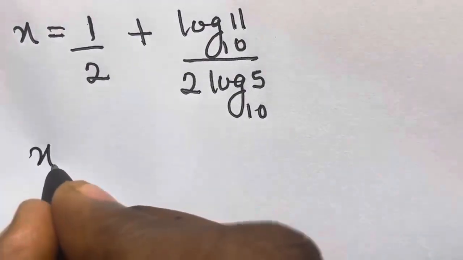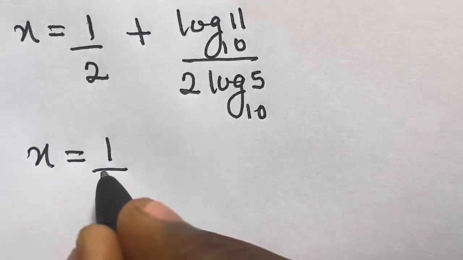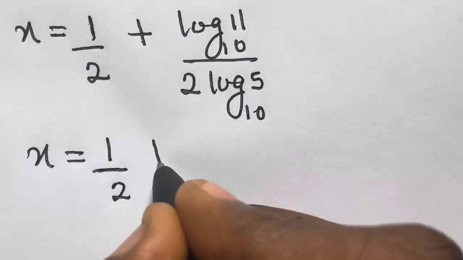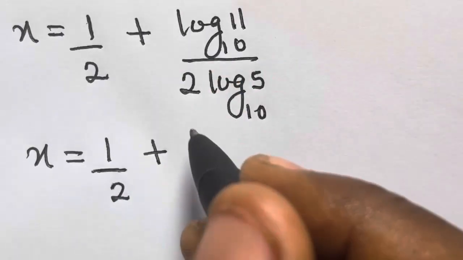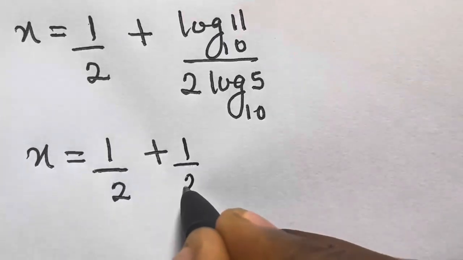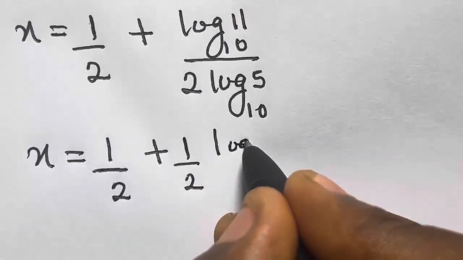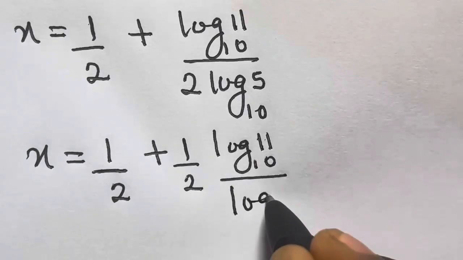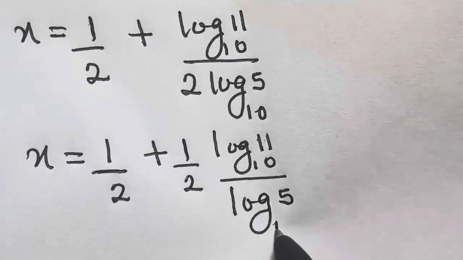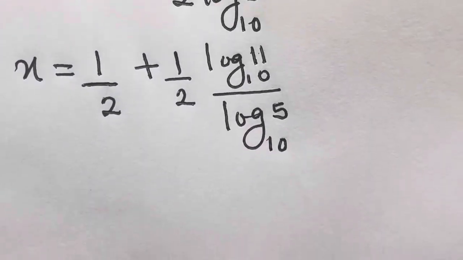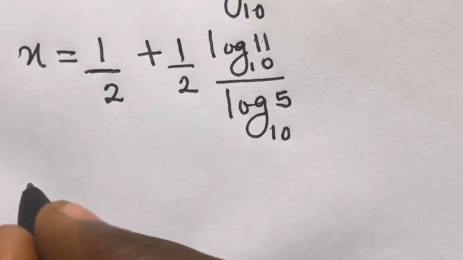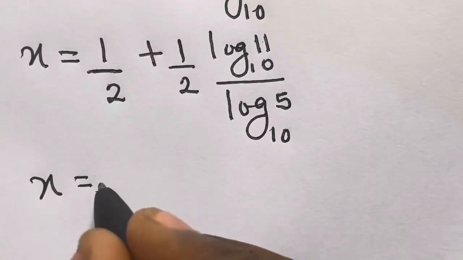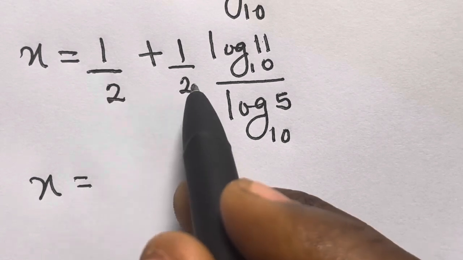So we have x equal to 1 divided by 2 plus, you can factorize 1 divided by 2 out of here. So we have log 11 in base 10 divided by log 5 in base 10. So x equals, we have 1 over 2 here and 1 over 2 here.